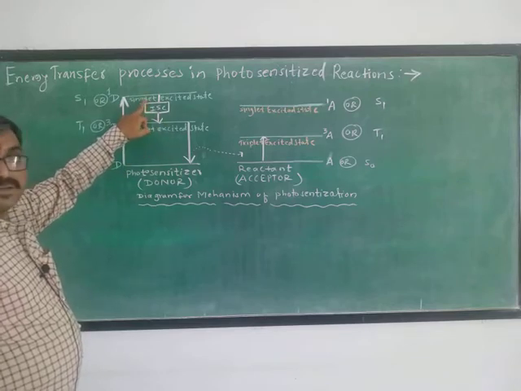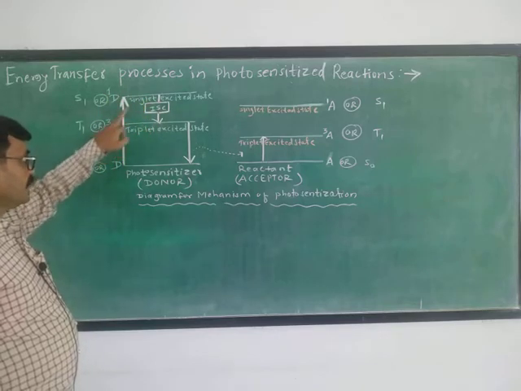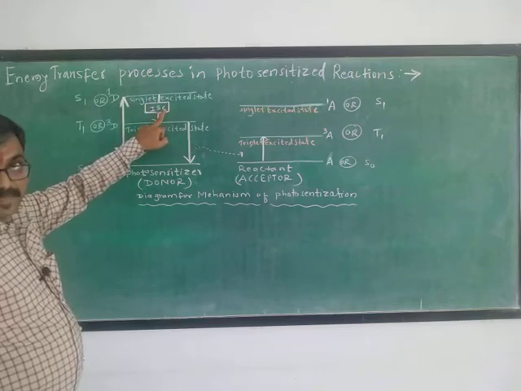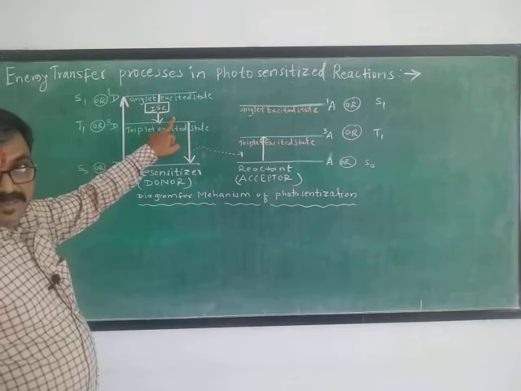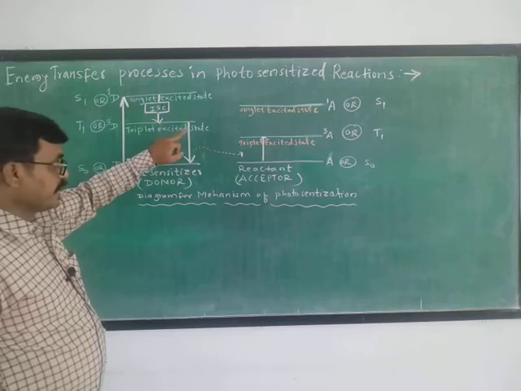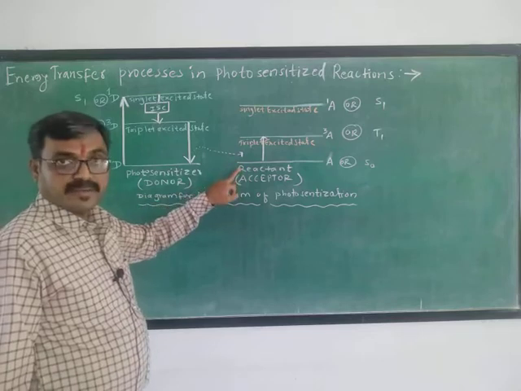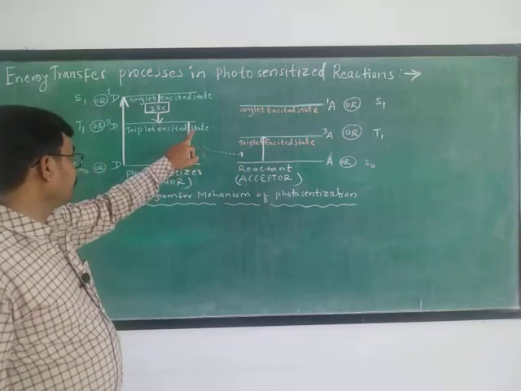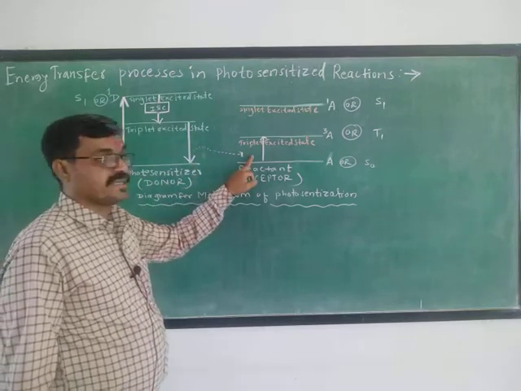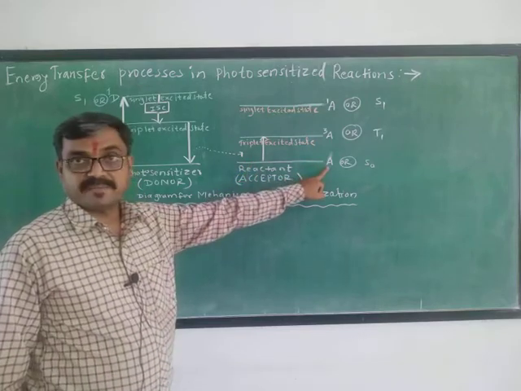Such a transition from D1 to D3 is called inter-system crossing. After this inter-system crossing, the donor from D3 transfers its energy to the reacting molecule. That means in the triplet state, it transfers its energy to the reacting species, that is, reactant A.